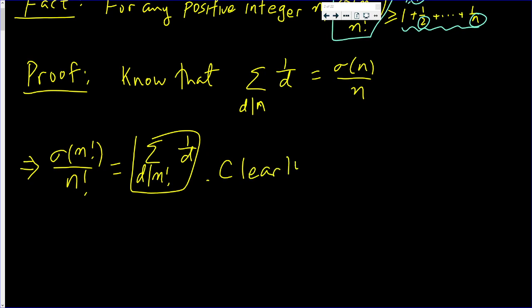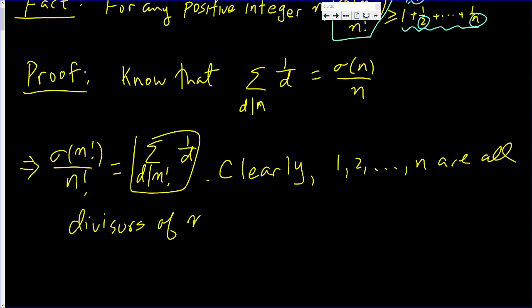Clearly, 1, 2, all the way up to n are all divisors of n factorial. I didn't say they are all of the divisors. I'm just saying this list, I could have stopped at n minus 1, are all divisors of n factorial.